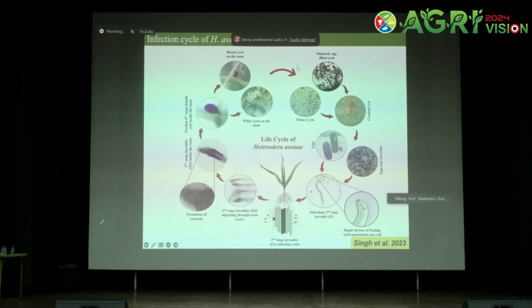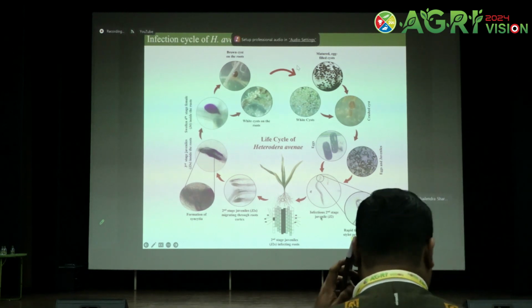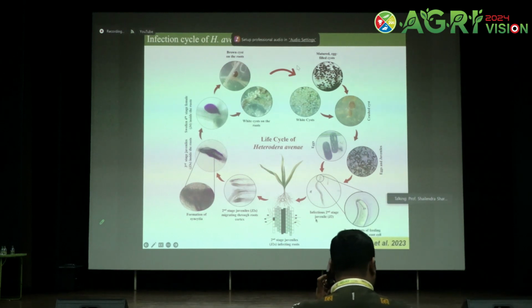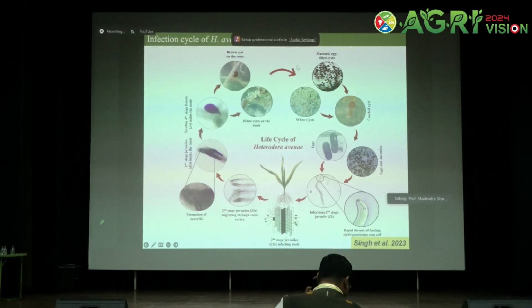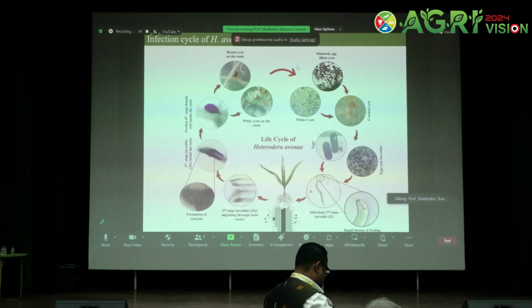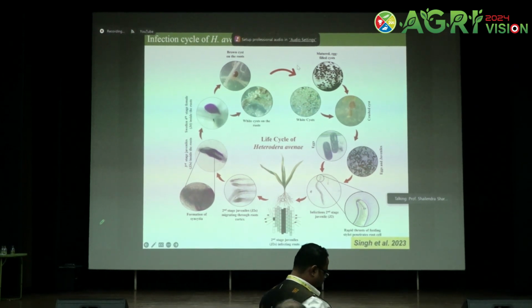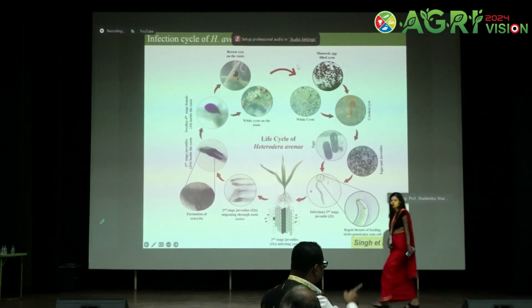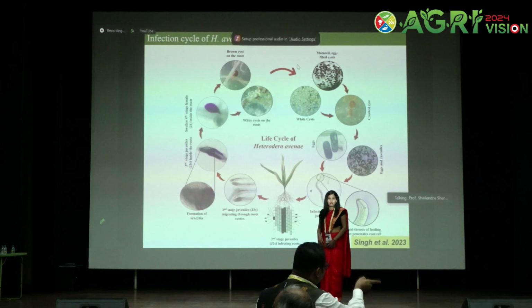From this cyst, as shown in the video, after hatching, juveniles come out and move into the soil, and through the stylet they infect the roots and spread in the roots, and they form syncytium in the third stage juvenile. Later the females die, there is some tanning, and there is formation of the brown cyst on the roots.